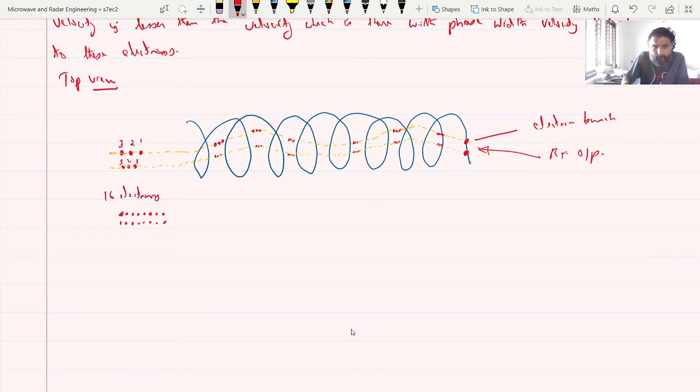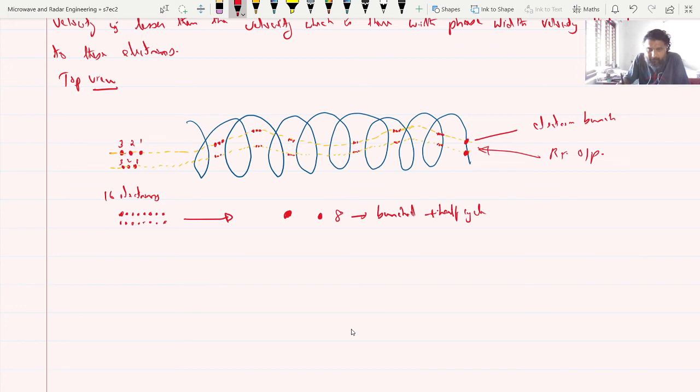Okay. So what happens once it travels through the slow wave structure during the positive half cycle? The first 8 electrons will be bunched during the positive half cycle, and it will be delayed by another 8 bunched electrons during the negative half cycle.